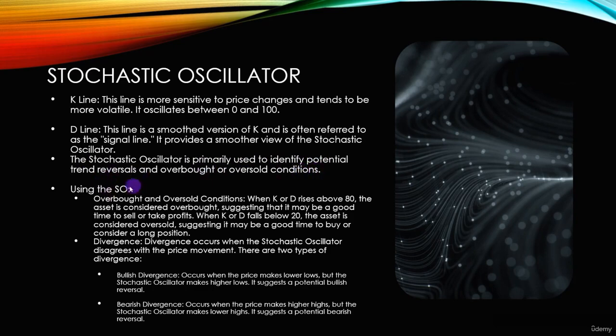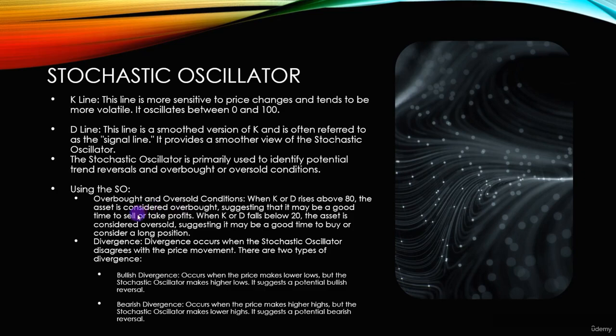So using the stochastic oscillator, overbought and oversold conditions is the first case. When K or D rise above the value of 80, just like what we have mentioned for the RSI, the asset is considered overbought. And this suggests that it may be a good time to sell or take profits. I would vote for the second option, take profits.